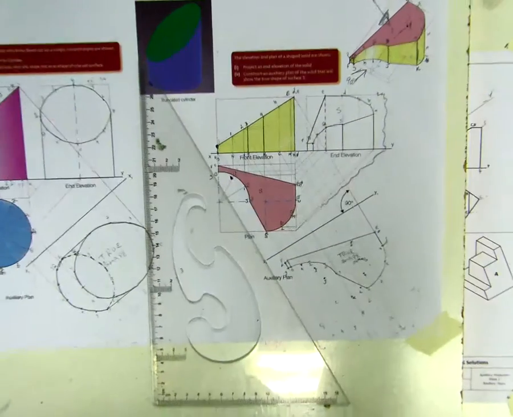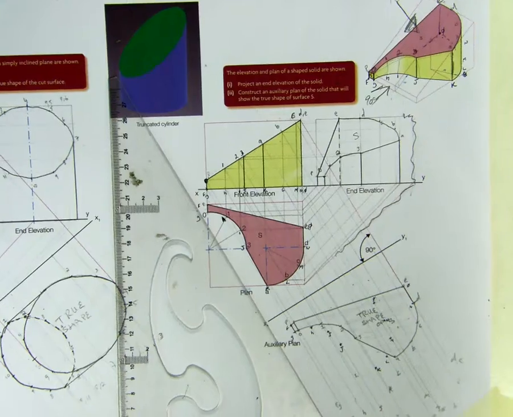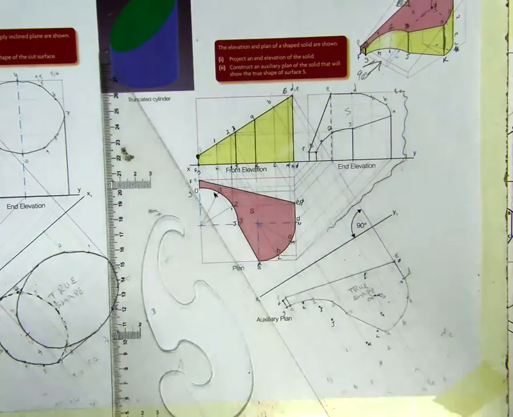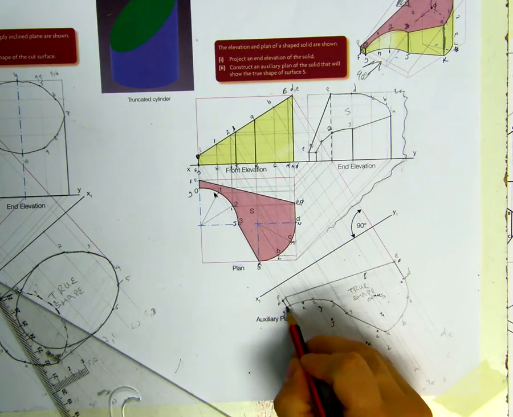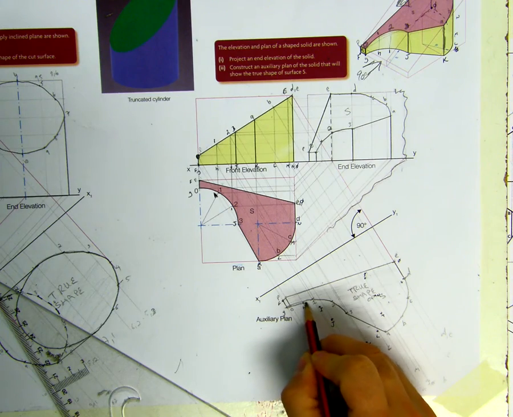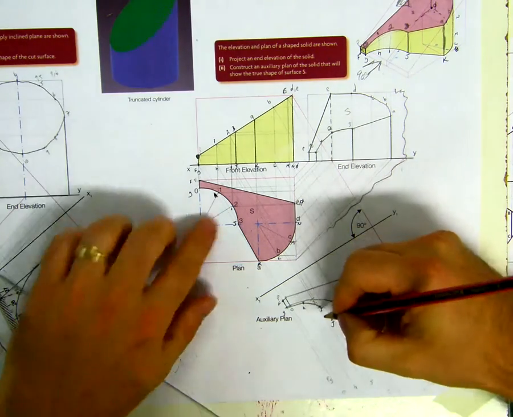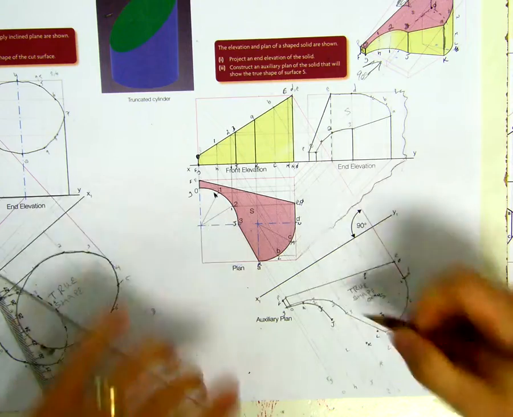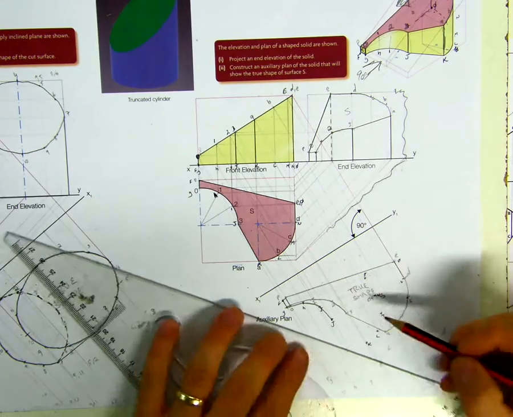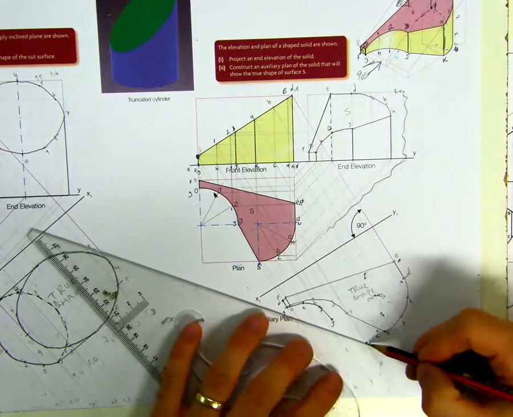Okay, so I'm just going to zoom in slightly. Apologies. Okay, so now we have G, H, I, J. It's the end of our freehand curve is J. We know J goes to K, straight edge here.